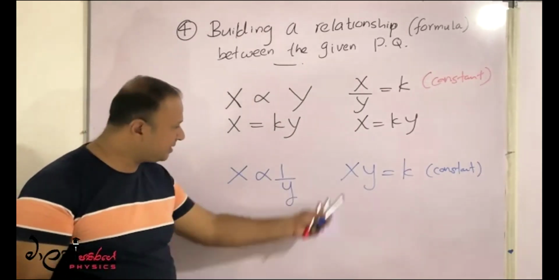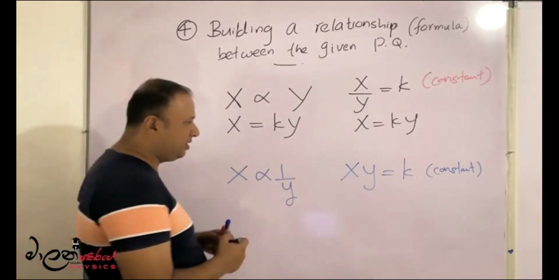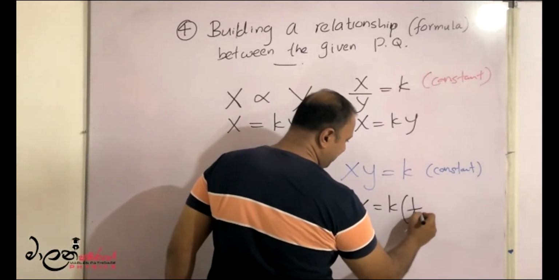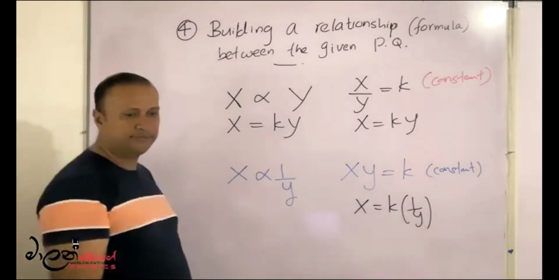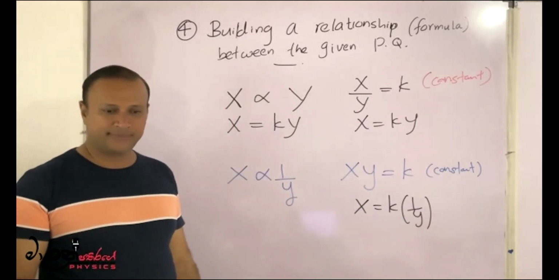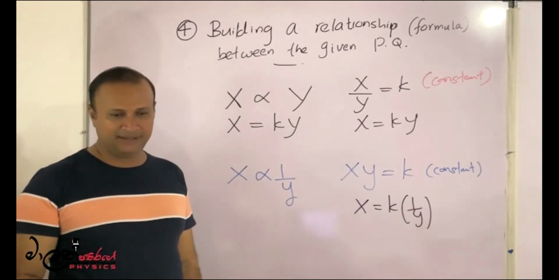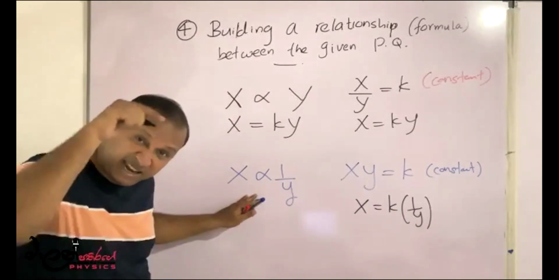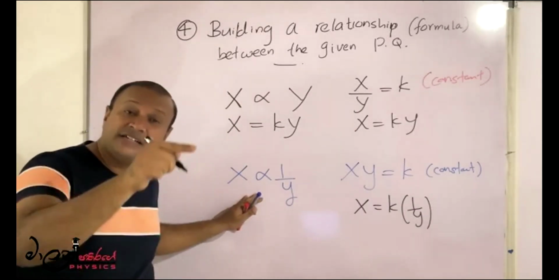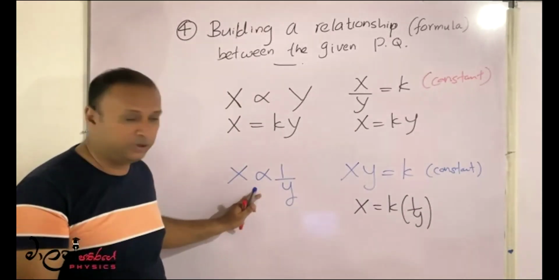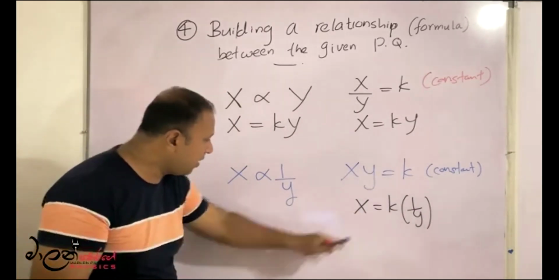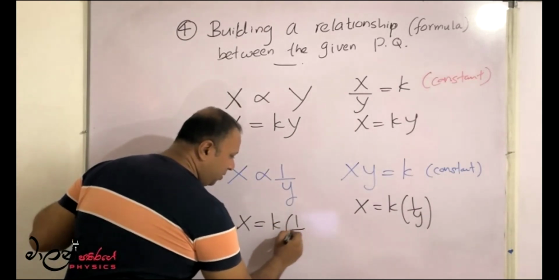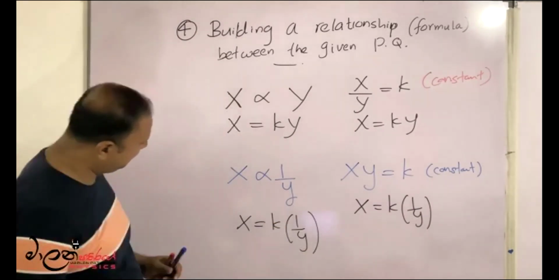That means if I make x the subject, x is equal to k into 1 over y. Did you get my point? Yes. That means if you have this kind of relationship, I can convert that relationship into an equation x equal k 1 over y. හරිද?